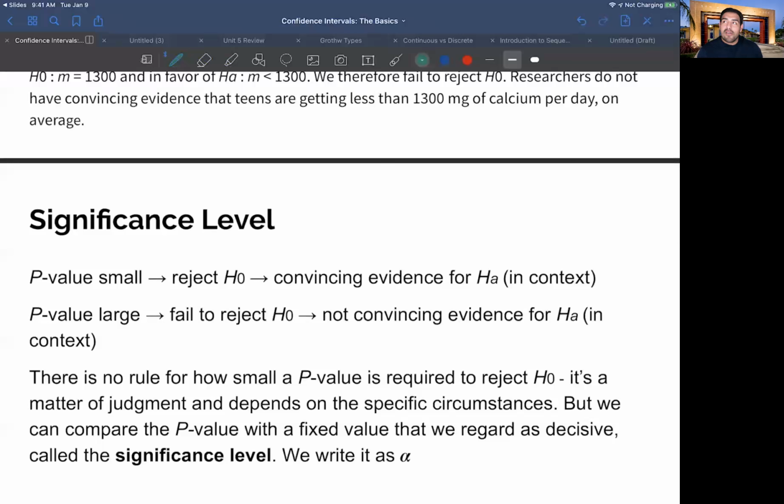We have to say, okay, if I get a p-value less than 5%, I'm going to reject the claim, right? Maybe it's really important. Maybe you're dealing with the health of people. Maybe you're dealing with a new drug that's supposed to cure cancer. So maybe you're going to look for a p-value less than 1%, right? You get to determine that at the very beginning. This is called its significance level, and we label it using the letter alpha.